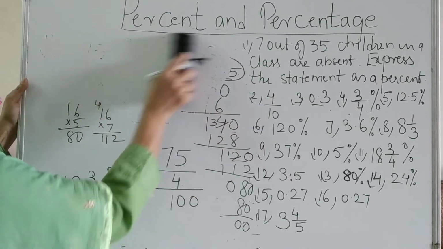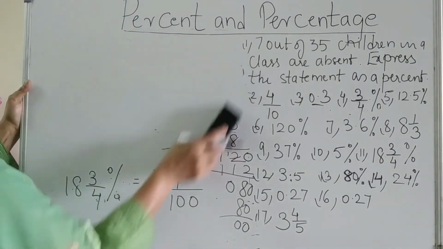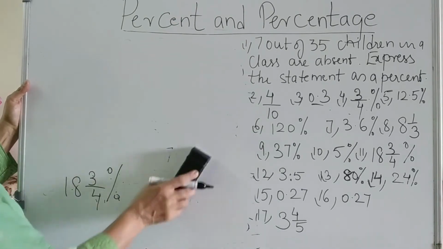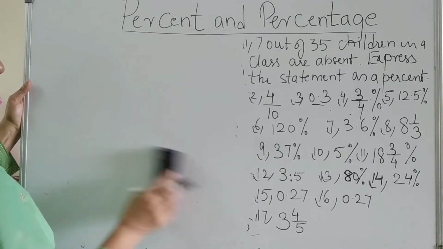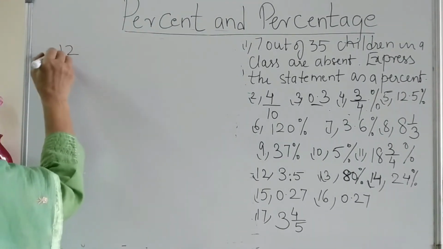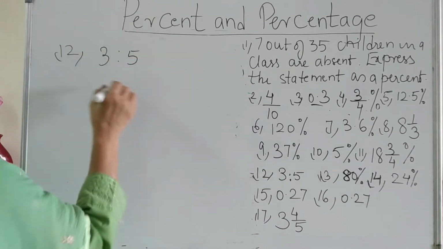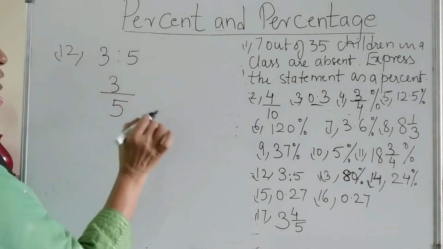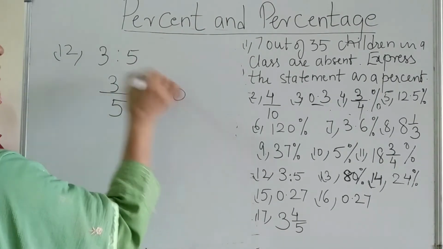The 12th sum is a 3:5 ratio is given. You have to find out the percentage. 3 out of 5. Now the sum is given in this way, 3:5. That means it is 3 out of 5. Now if I have to find out percentage, I have to multiply by 100.